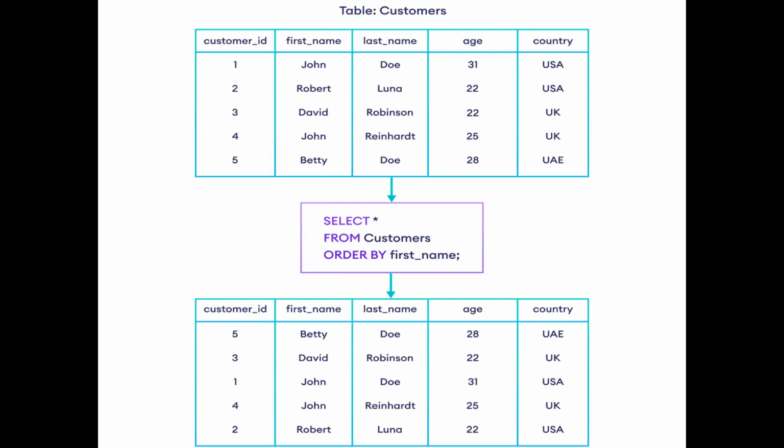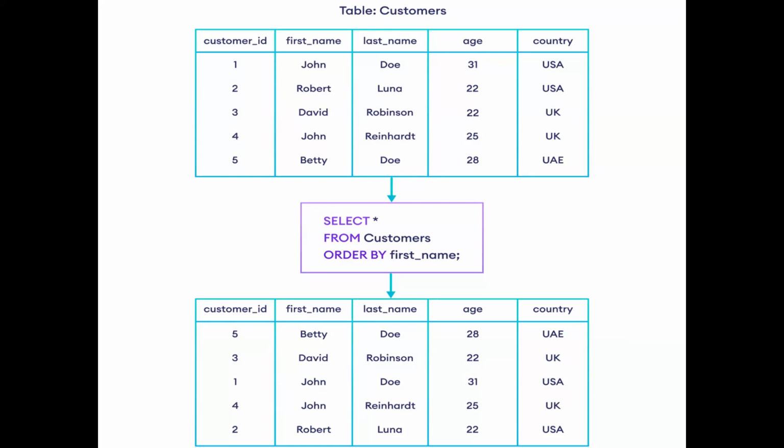If you see these names here, the first names we have John, Robert, David, John, Betty. In alphabetical order, which one comes first? It is Betty. Then after B, it is David. Then after D is, I think it's J. Yes. Then after the J's, it will go to Robert. That's why you'll find that it has displayed this.